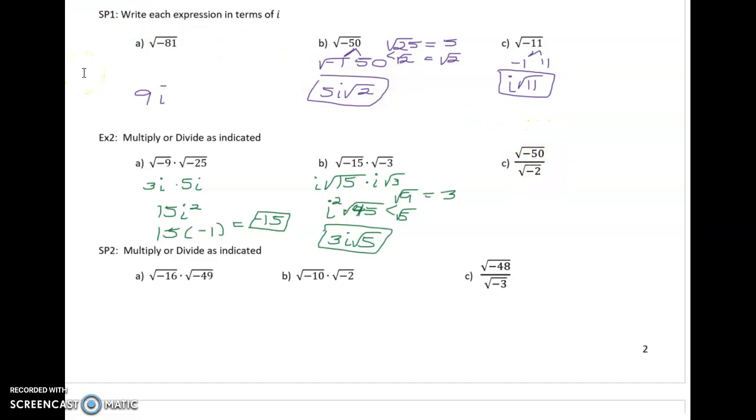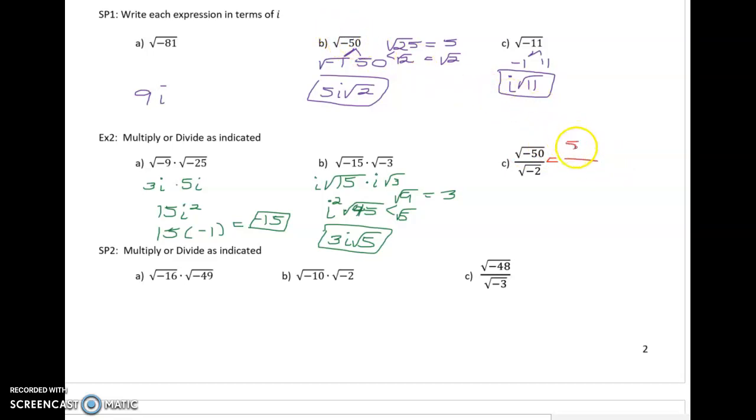Okay, so for C, we're dividing. You can do this a couple different ways. You can put the radicals together under the division and work it out. I'm going to work out the top and then work out the bottom and see what happens. So if I work out the top, we already did radical negative 50.